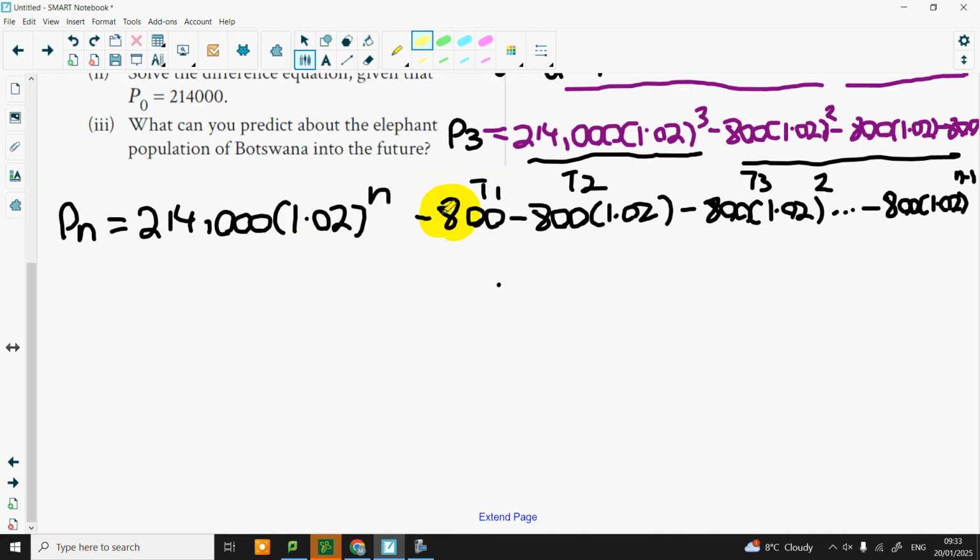Now, all of this here, we're going to turn into a geometric sequence. All right.